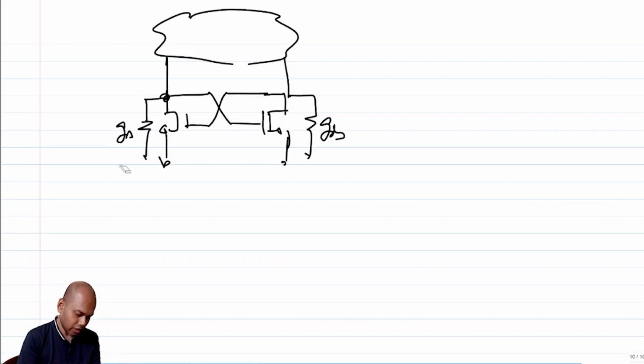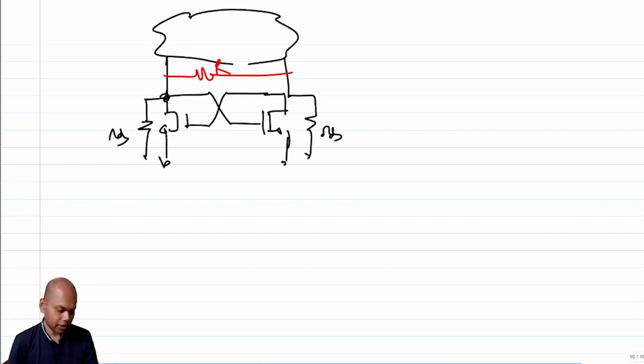Correct? Or I can simply say I have an RDS here, and I have an effective R here, right? So you kind of see that these two RDS come in series with R. So instead of trying to compensate for R, you compensate for a different resistance, right?